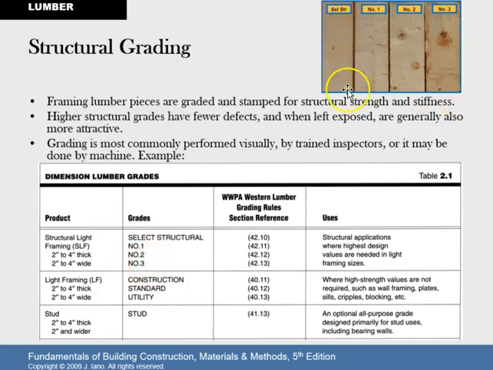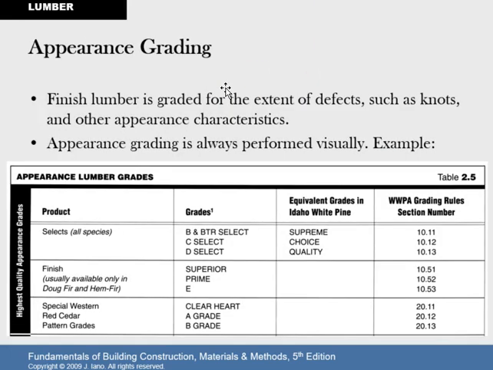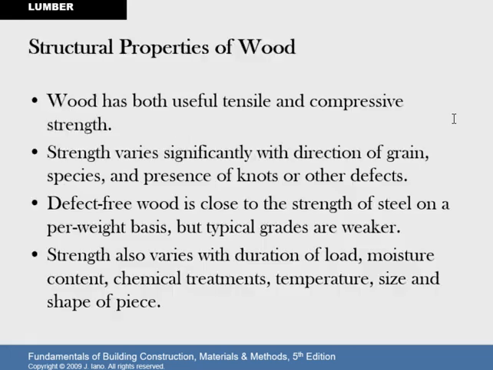Here's a visual up here of what they look like. Okay. All right, and then that's structural applications, and then there's also appearance. So how they look regarding defects in terms of knots. This is more just how they look, not so much structural issues.